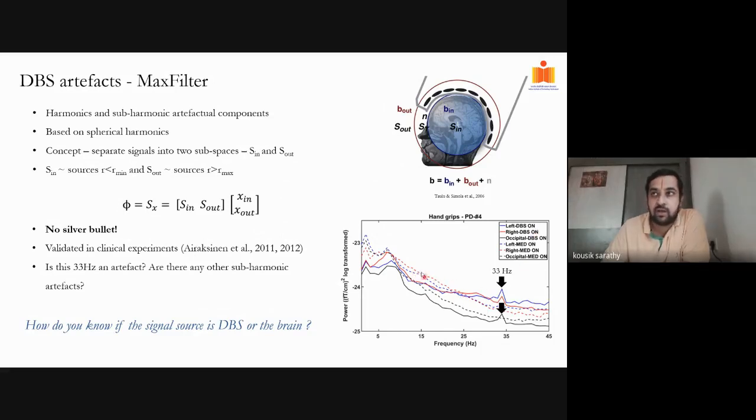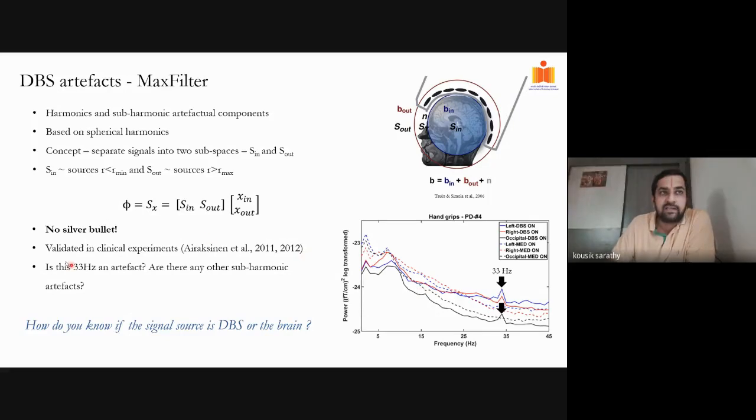So this is actually wrong. Anyway, the dotted lines are with DBS off and the solid lines are with DBS on. And you can see all over the left, the right parietal areas, and also the occipital areas, you have a peak. Right? Now, what is to say that this is a peak arising from the DBS artifact, or is it because of a brain signal?